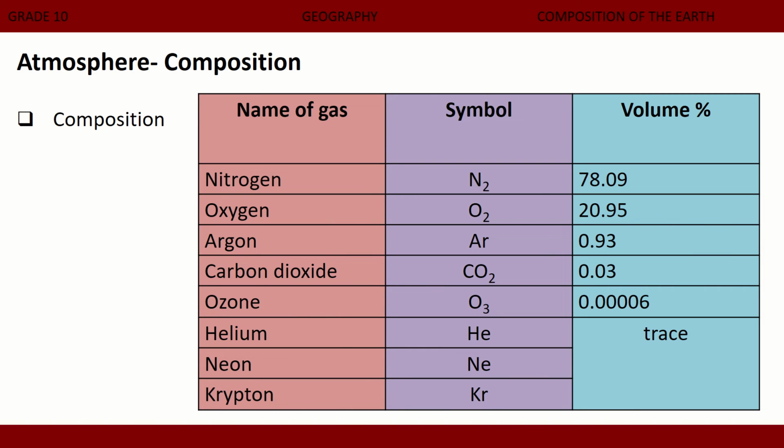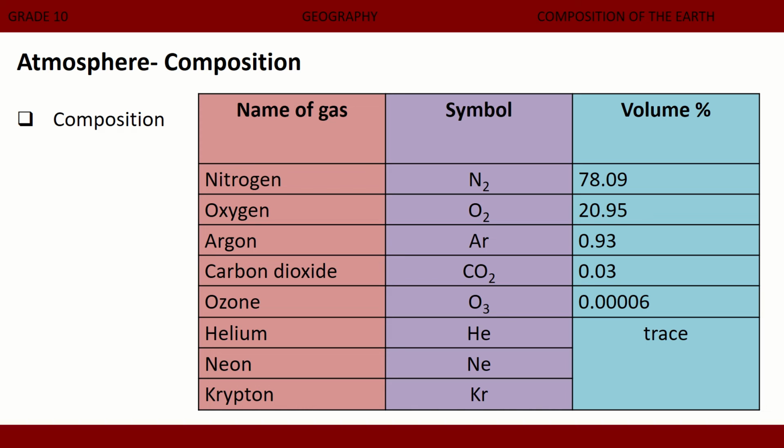Dear children, now we are going to discuss the composition of the atmosphere. As we know, it is a collection of gases. There are various gases collected in the atmosphere. Nitrogen is the most abundant gas in the atmosphere.